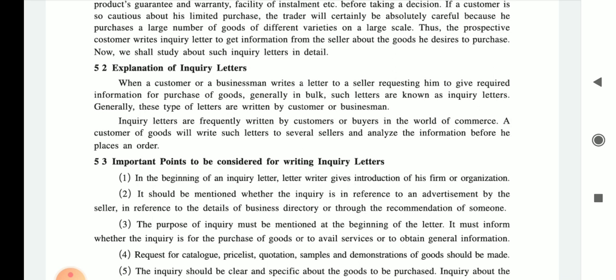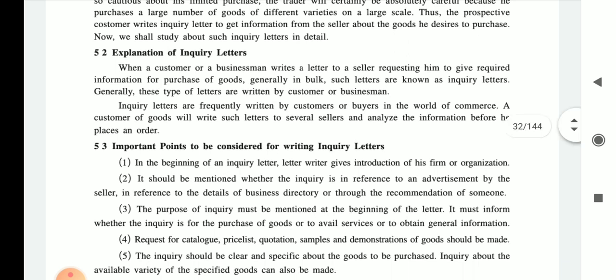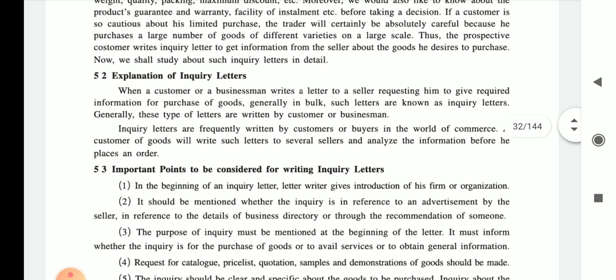Thus, the prospective customer writes an inquiry letter to get information from the seller about the goods he desires to purchase. See, a prospective customer means a customer who will become a permanent customer. I repeat, whenever any customer purchases and becomes our permanent customer, at that time he is considered a prospective customer.